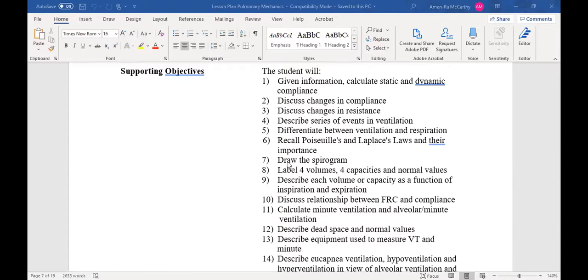So you're going to have to memorize these volumes and capacities. You have 4 volumes and 4 capacities, and they have a definition and a value of how much it is. We already said that tidal volume is about 500 cc's, or 0.5 liters. We know that one, but you're going to have to know the rest of them.